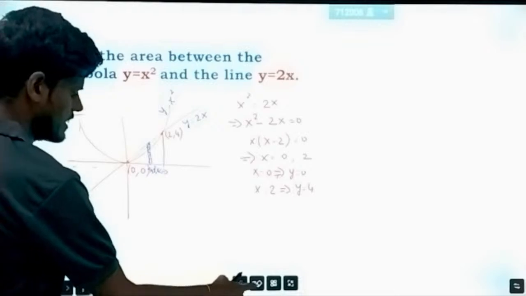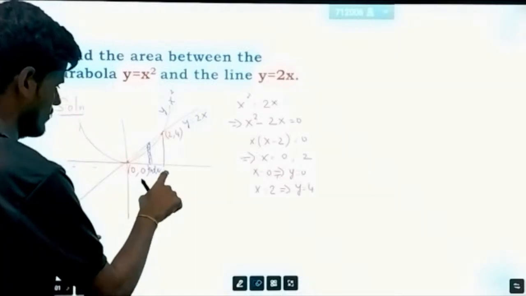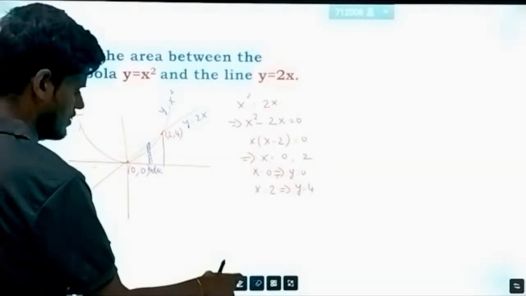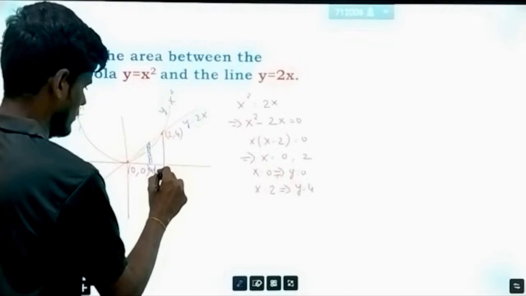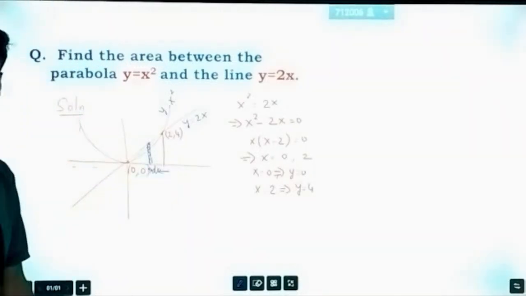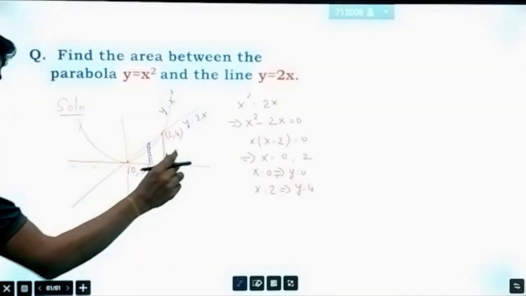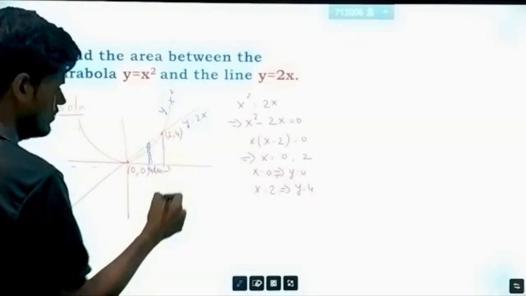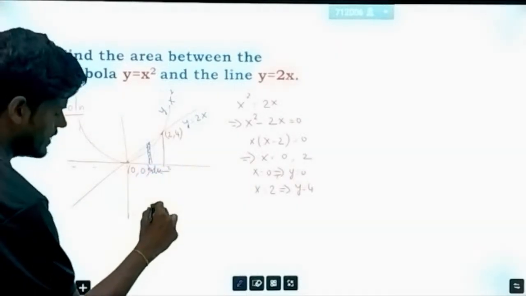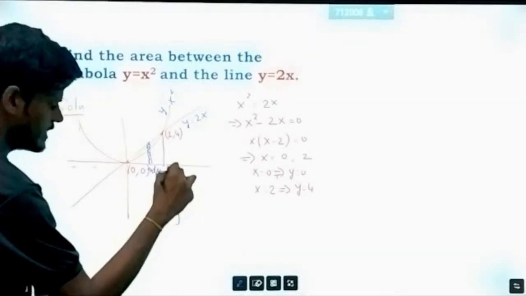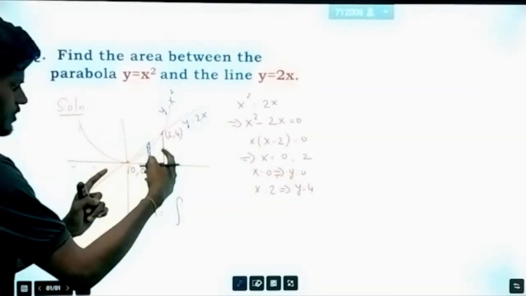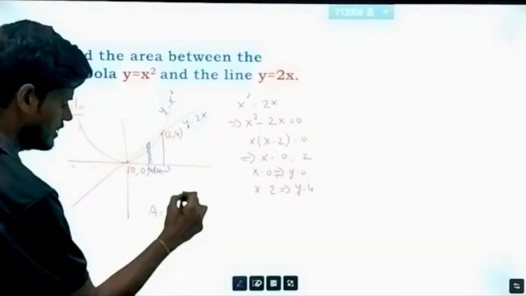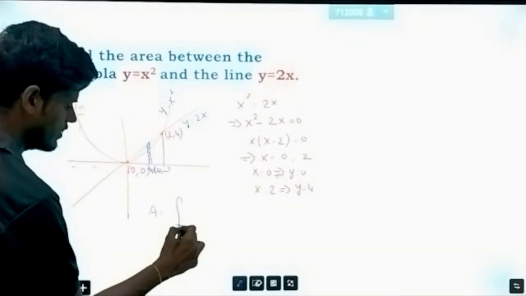Strip is along this direction. Okay, strip is along dx, so strip moves along this direction. Now what will be the coordinates? This point will be 2. So required area will be integral between 0 to 2, x coordinates 0 to 2.